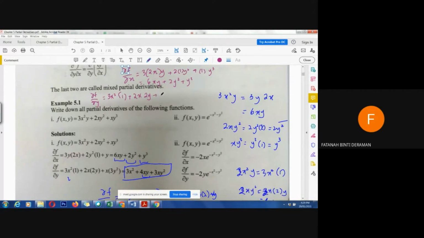And plus, x we copy, and we differentiate y cube, we will get 3y squared. Remember, if we have f(x) equal to x to the n, then f prime x equals n x to the n minus 1. Then here we simplify, we will get 3x squared plus 4xy plus 3xy squared. Okay, look at this.